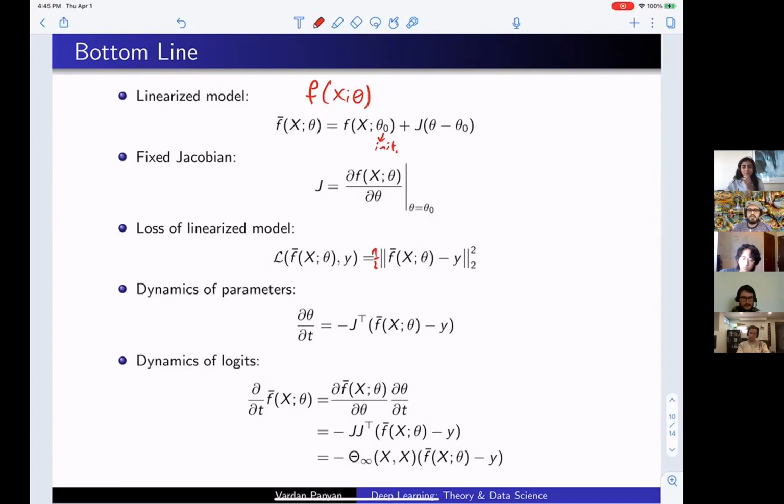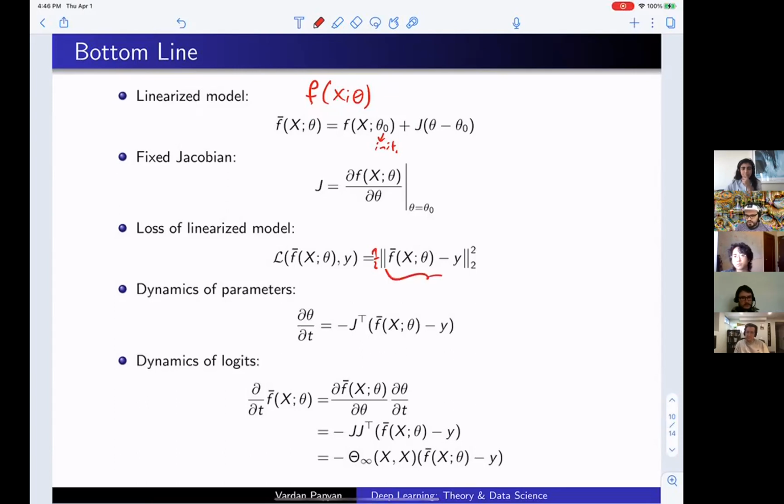Yeah, so that is exactly it, it is multiplying. And so imagine if we now look at the dynamics of the parameters with time, we would get d theta over dt is minus Jacobian transpose times f bar of x, theta, minus y. Why? Because it's just simple derivation.